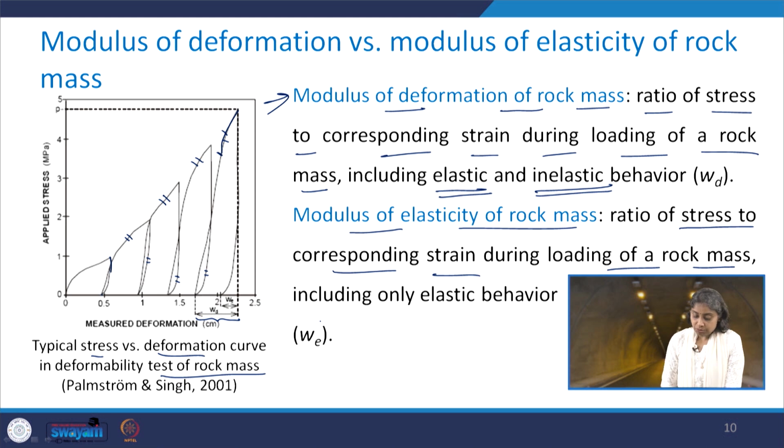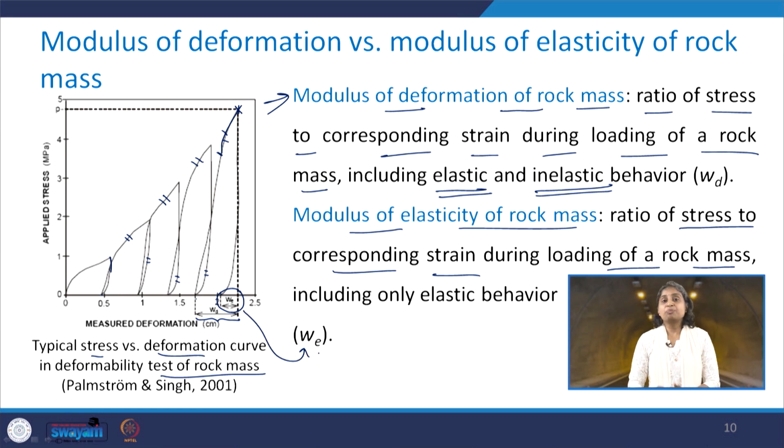So, how can we do that? Which deformation should we take? When we unload it, the elastic part of the deformation is recovered and the plastic portion remains as it is. So, you see that corresponding to the last cycle, this has been shown. After this loading, the system was unloaded, and here this much is the deformation which is recovered, which is WE.